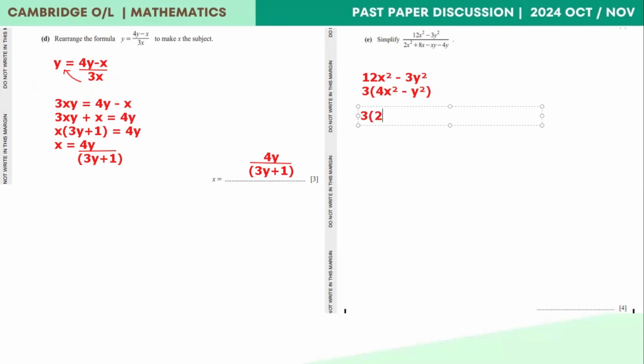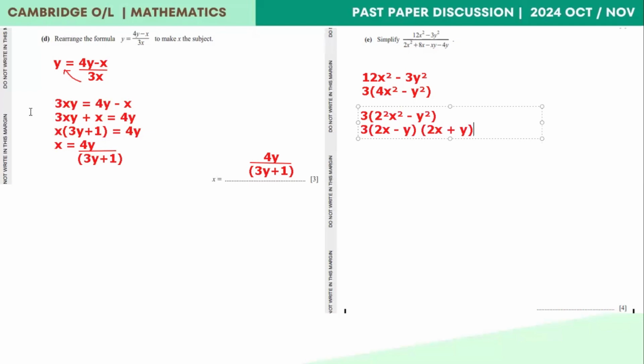So 2 square gives us 4. So 2 square x square minus y square. Then our next step is the same number, we write one as positive and one as negative. So the first combination is 2x minus y, so our next combination will be 2x plus y.